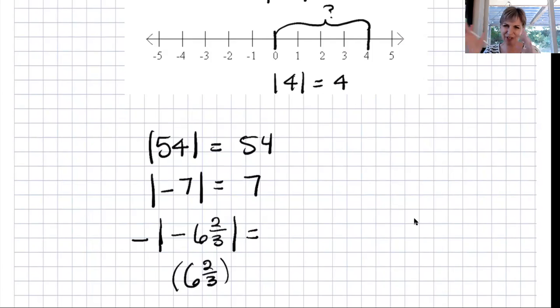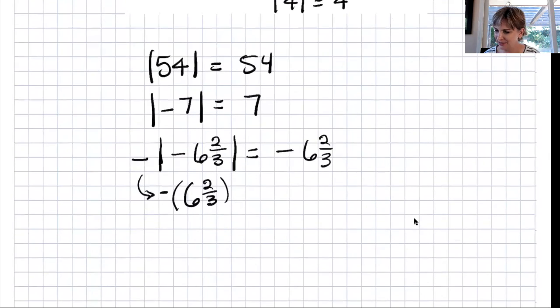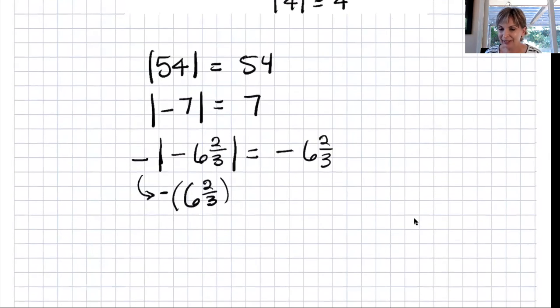But just to confuse us, we added that negative in front, so we have to include that. So the answer is negative 6 2/3 because there's that negative in front. Sneaky stuff, right?